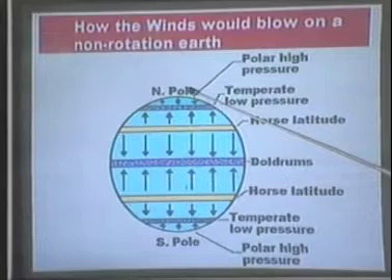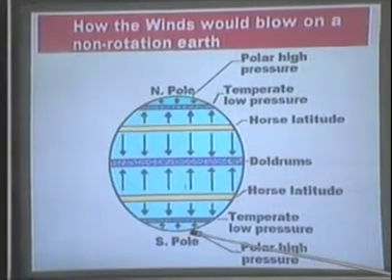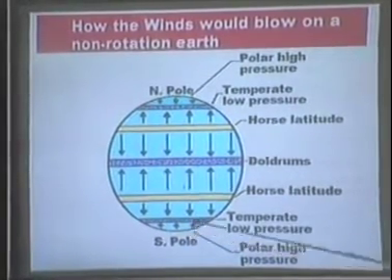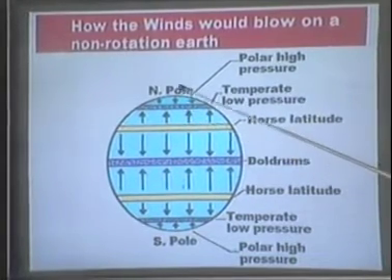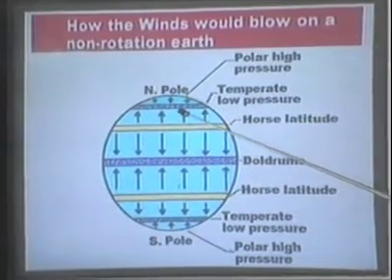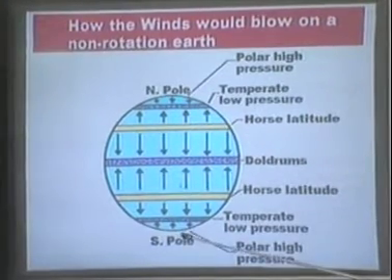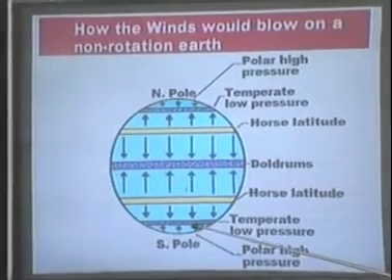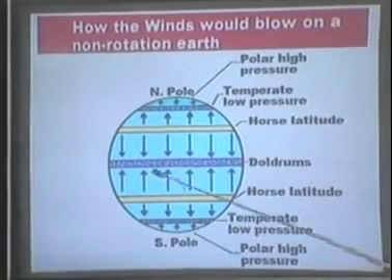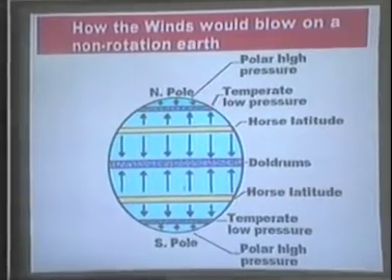So the North Pole and the South Pole have high pressure belts. And we already mentioned that winds will always blow from the high pressure to the low. So winds will blow from 90 degrees north to 60 degrees north, and winds will blow from the 90 degrees South Pole to 60 degrees south. And again, our rule still remains: winds will always blow from high pressure to low pressure.